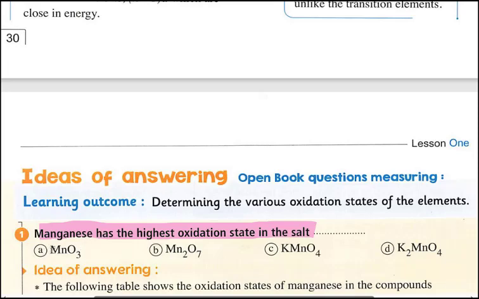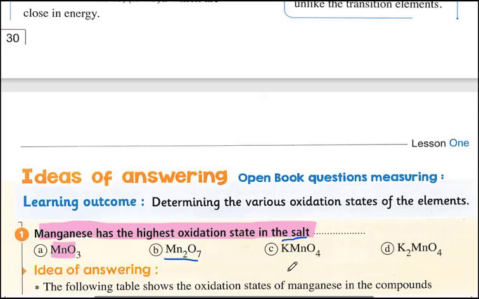So manganese here is +6. Okay, manganese here, oxygen -2 and manganese +7. This is the oxidation state of manganese, and this is the oxidation state of oxygen. So this is the highest oxidation state. But here you asked about the salt. It is not the salt, it is an oxide.